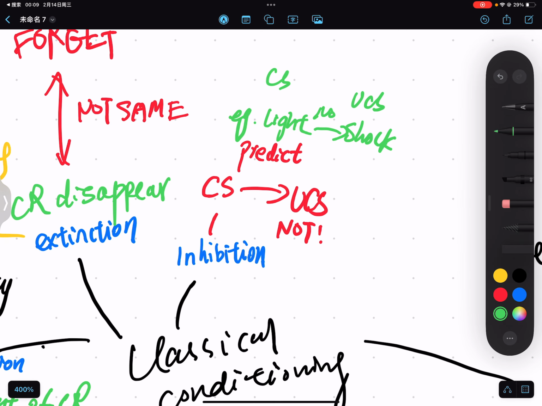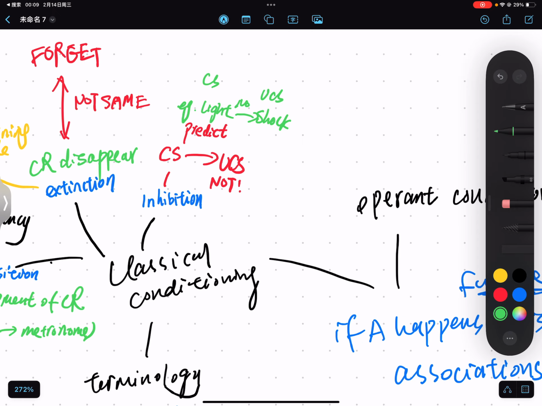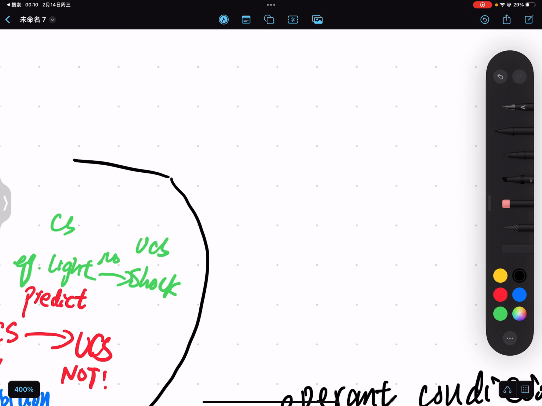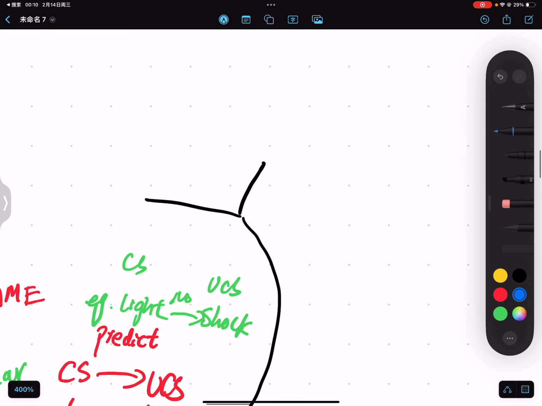And finally, the two concepts I need to mention. One is generalization. Second is discrimination.